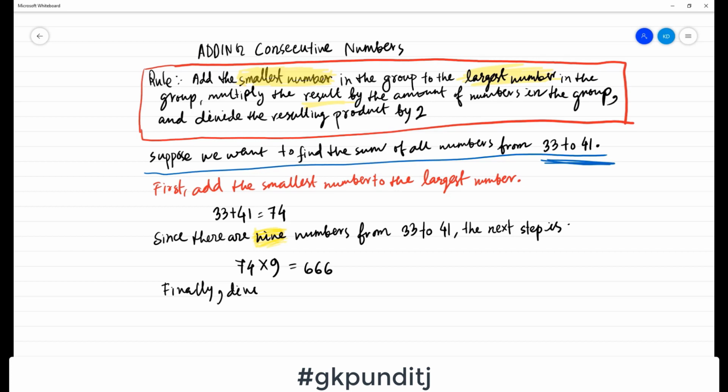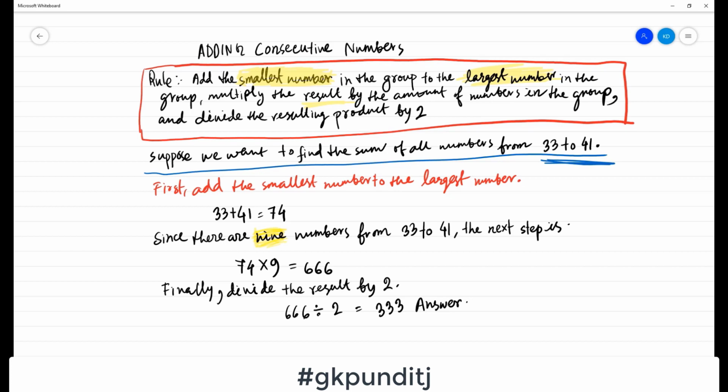Remember this, and finally divide by 2. The product you get from this, you need to divide by 2. Now 666 divided by 2 is 333, triple three. That's our answer.